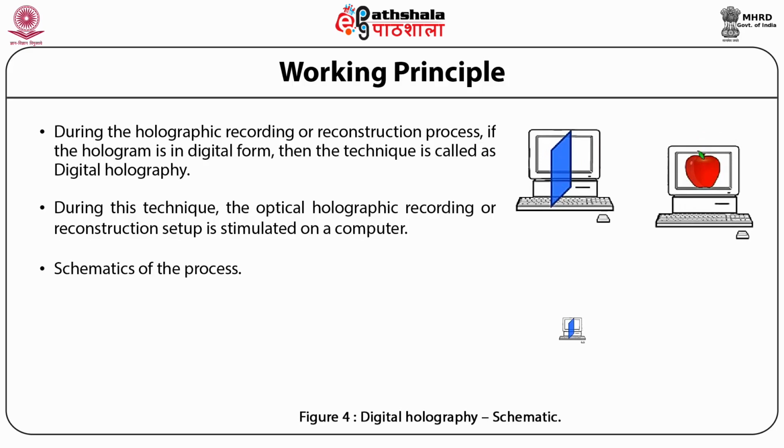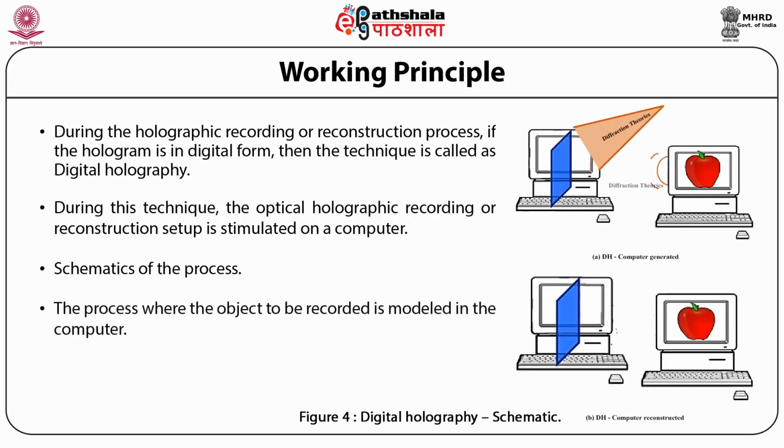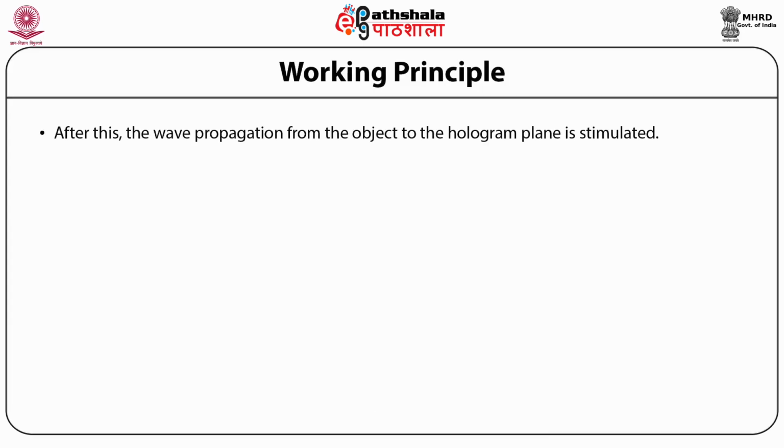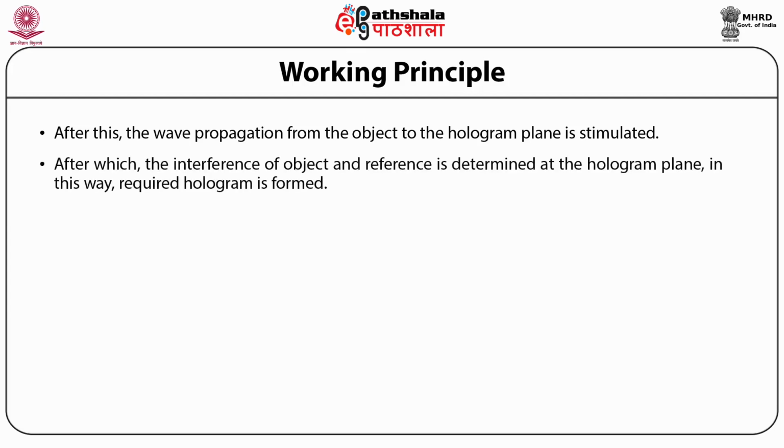Figure 4a represents the process where the object to be recorded is modeled in the computer. After this, the wave propagation from the object to the hologram plane is simulated. These steps are repeated for the reference, after which the interference of object and reference is determined at the hologram plane. In this way, required hologram is formed.